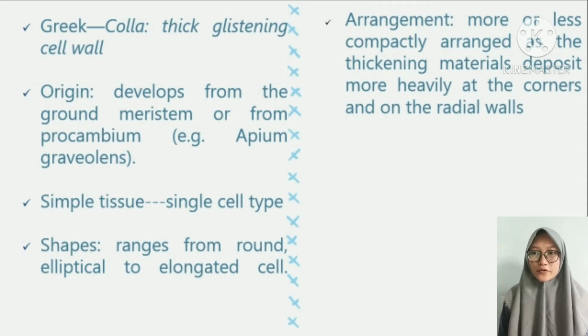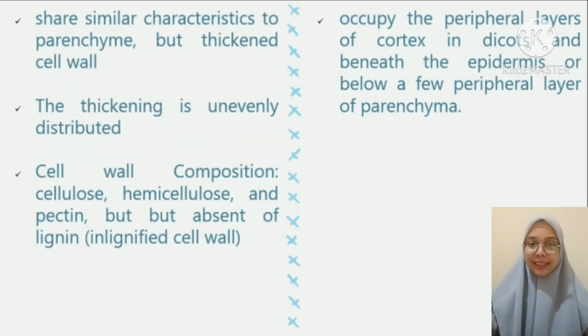Collenchyma has a shape ranging from round, elliptical to elongated cell. Collenchyma is more or less compactly arranged as the thickening materials deposit more heavily at the corners and on the radial walls. Next, it shares similar characteristics to parenchyma, but with thickened cell wall.